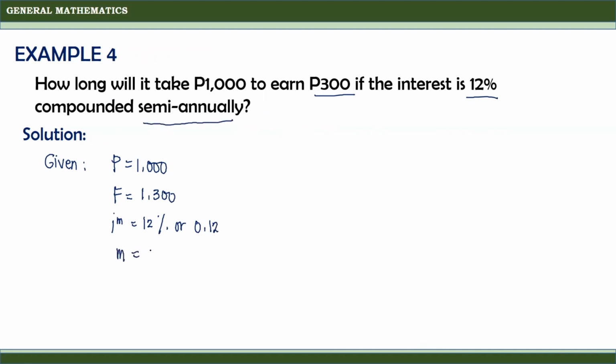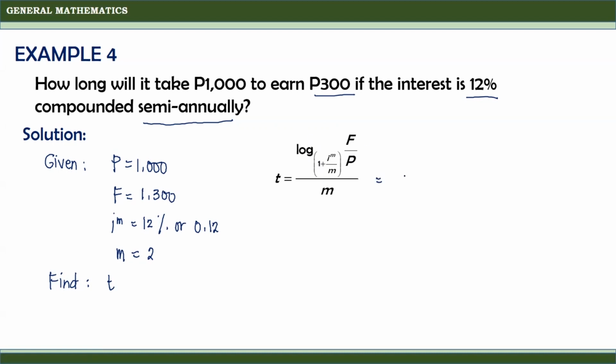Therefore, the frequency of conversion is equal to 2. So what we need to find here is T. To solve for the value of T, we can use the formula logarithm of F divided by P to the base 1 plus IM divided by M, all over M.